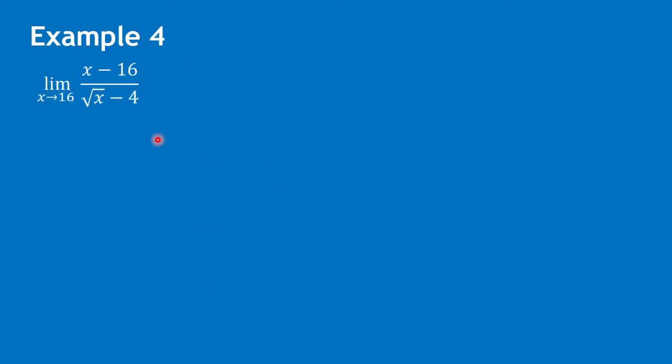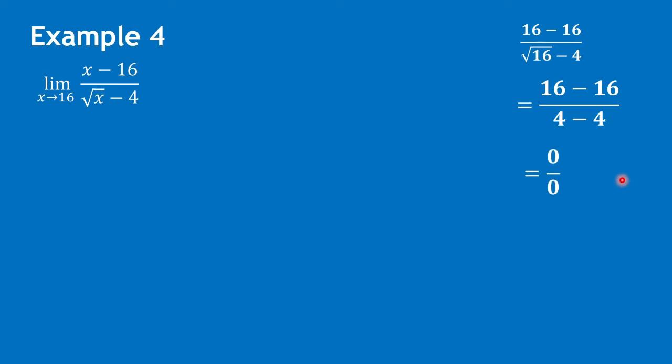For example 4, let's have the limit of x minus 16 over the square root of x minus 4 as x approaches 16. To show that this is in indeterminate form, let us substitute 16 to the variable x. So we have 0 over 0. To get the limit of this function as x approaches 16, we're going to do rationalization.